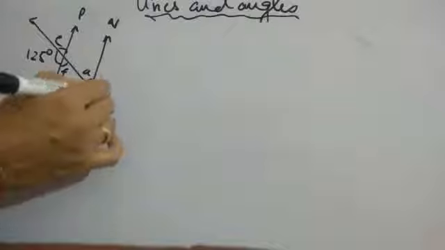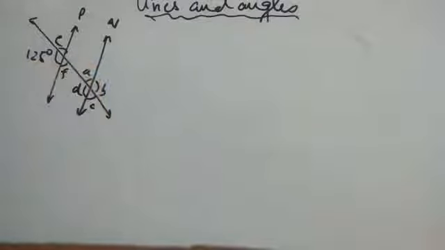Now the third question, see if this is the figure. P, Q are the lines which are parallel and this is the transversal. This is 125 degrees. You have to find out E, F, A, B, C and D. Okay. So let us find out.